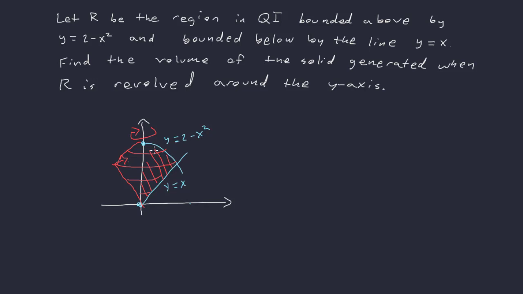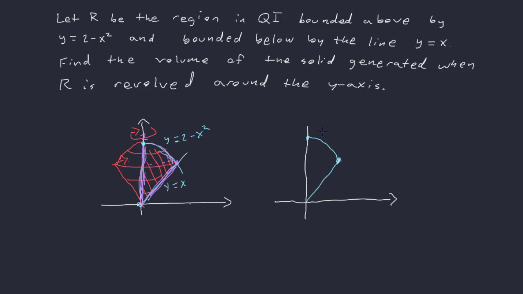But the problem with that is, for our region, the left side is the axis, but the right side changes. From 0 to 2, so here's 2 in the y, partway through, it changes. So we would actually have to set up two separate integrals to find the volume with the disk method. All right, so we're going to use the shell method instead. So I'm going to take a look at a cleaner version of this shape.